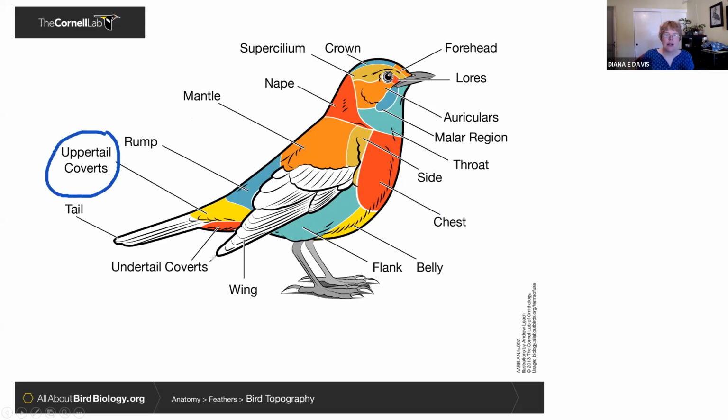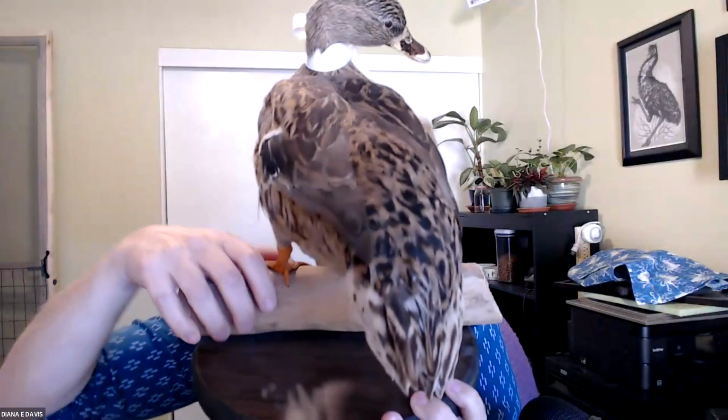Upper tail and undertail coverts. These are specific groups of feathers. So here is Sassy.